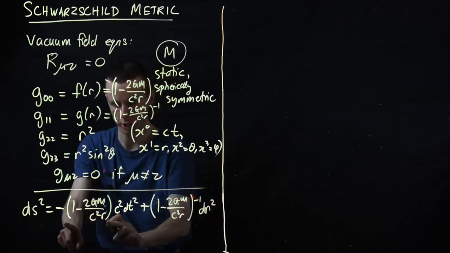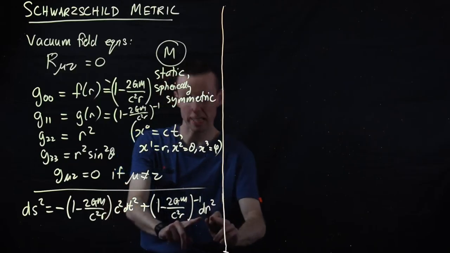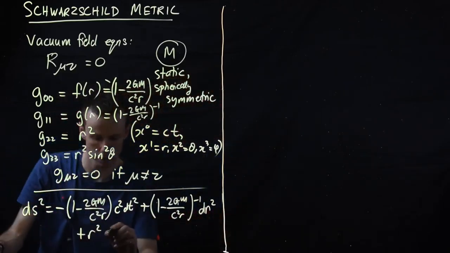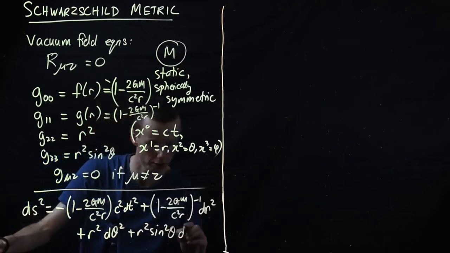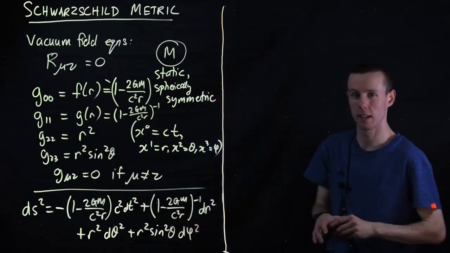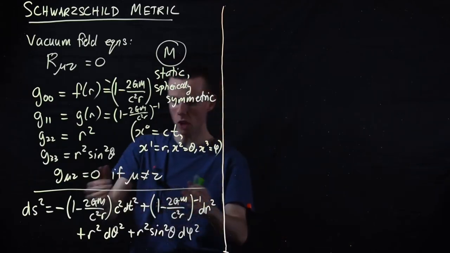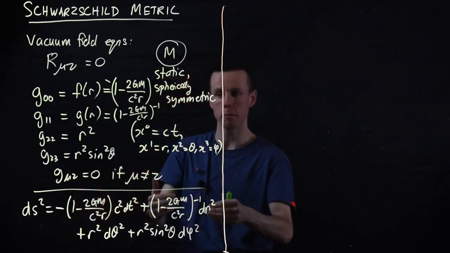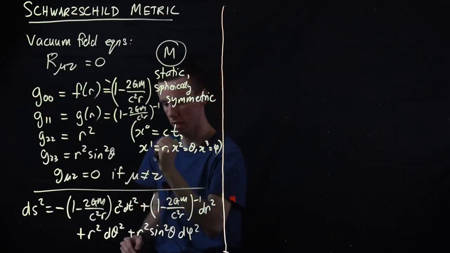So this is g00 times dx0 squared, g11 times dx1 squared, and then plus r² dθ² plus r² sin²θ dφ². Usually we will just write it like that. So that is the Schwarzschild metric, and this describes the curved space-time that arises from a static spherically symmetric mass M.